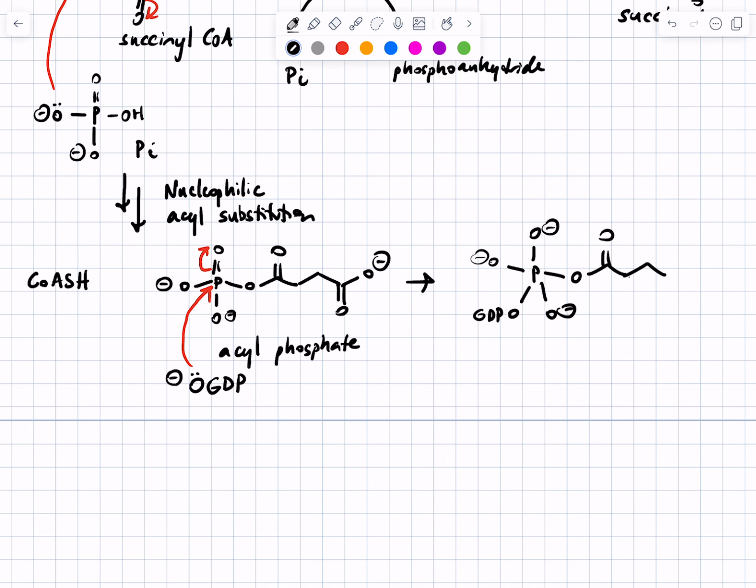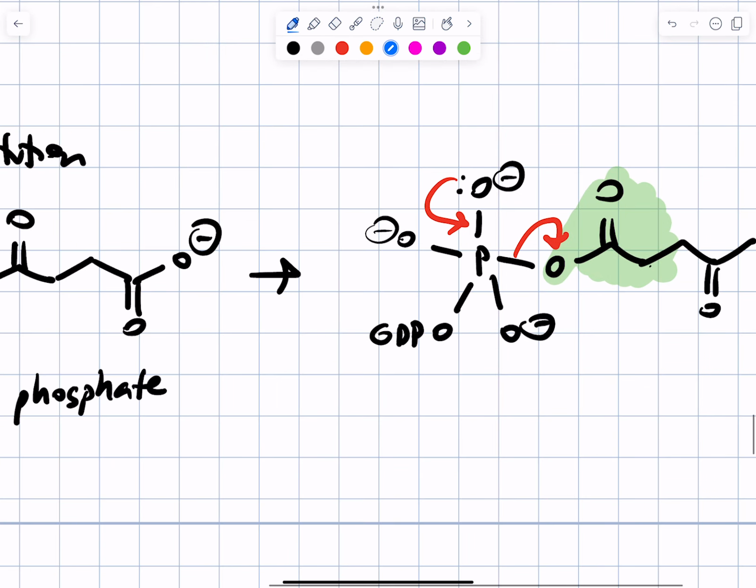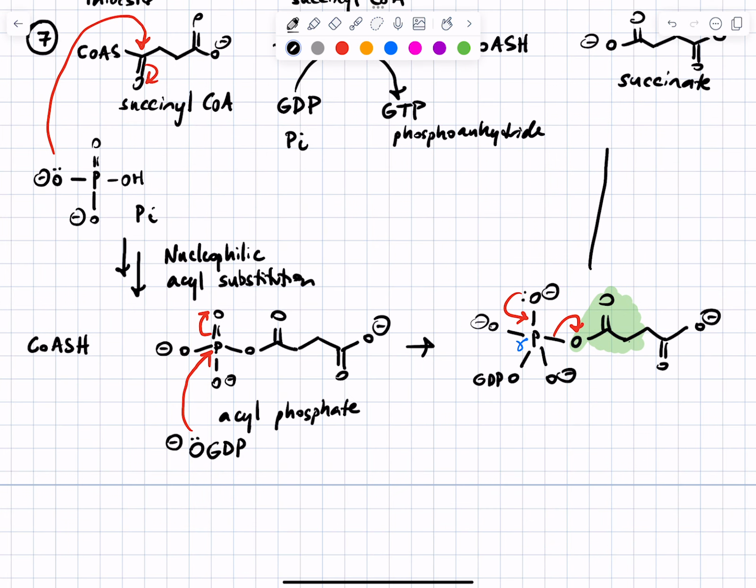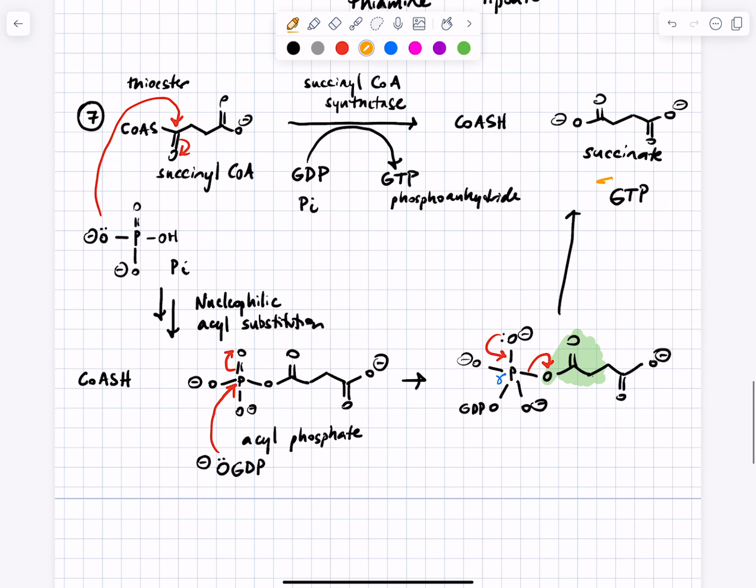And the carboxylate group there acts as a leaving group, which is pretty reasonable since it's level 1 reactivity. Electrons on one of the oxygens will kick down and kick off the carboxylate. This phosphorus then becomes the gamma phosphate group on GTP. And that's going to be one of the energy-rich molecules on our ledger that will count as sort of yield from the citric acid cycle. All right.